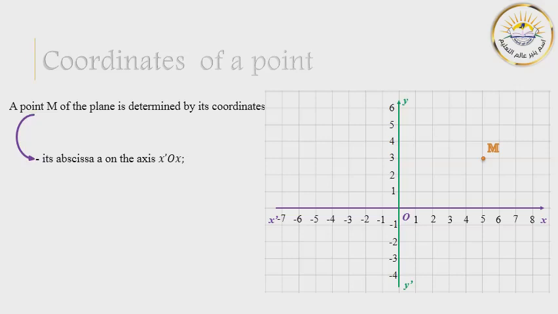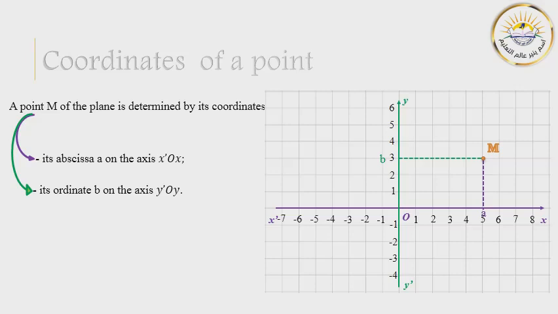Its abscissa A on the axis x prime OX. So A exists on x prime OX, the abscissa axis. It's 5 here in our example. And then we give the second piece of information in the coordinates, which is the ordinate B on the y prime OY axis.